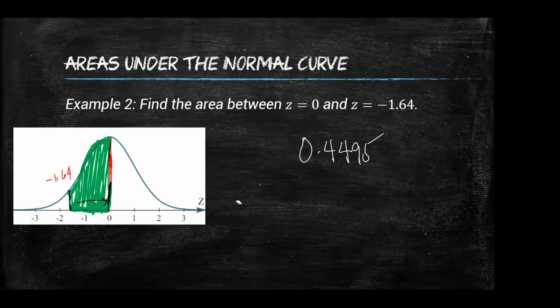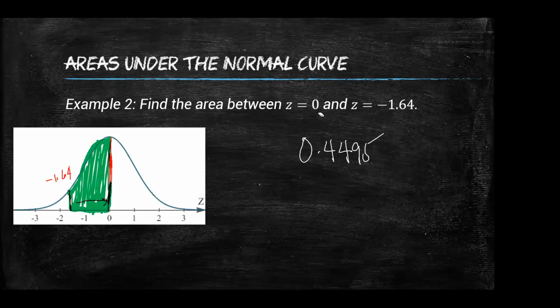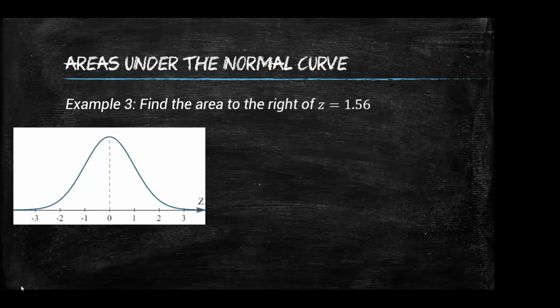Ito na agad yung number. Wala na tayong ginawa agad. Basta 0 yung isa. Clear po? Clear, sir. Okay. Next po. Ito level 1 pa lang to. May level 4 tayo.